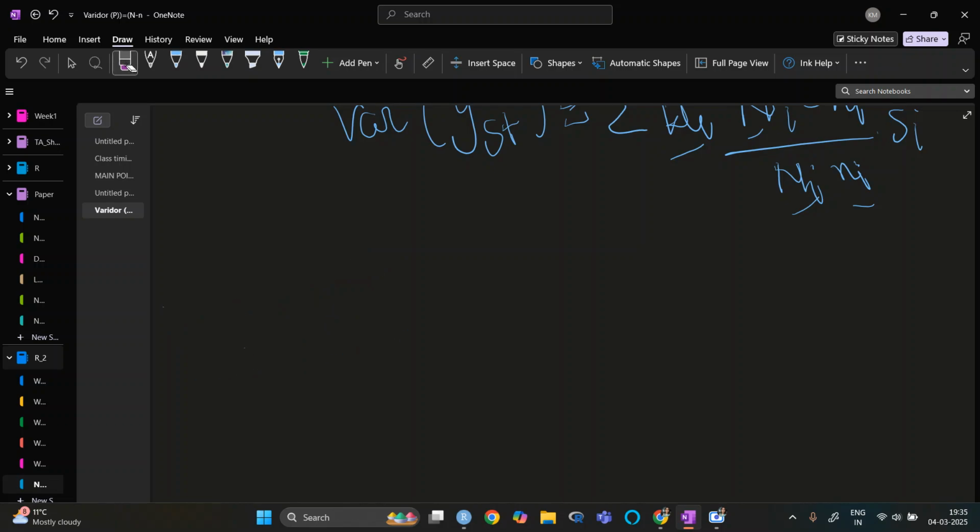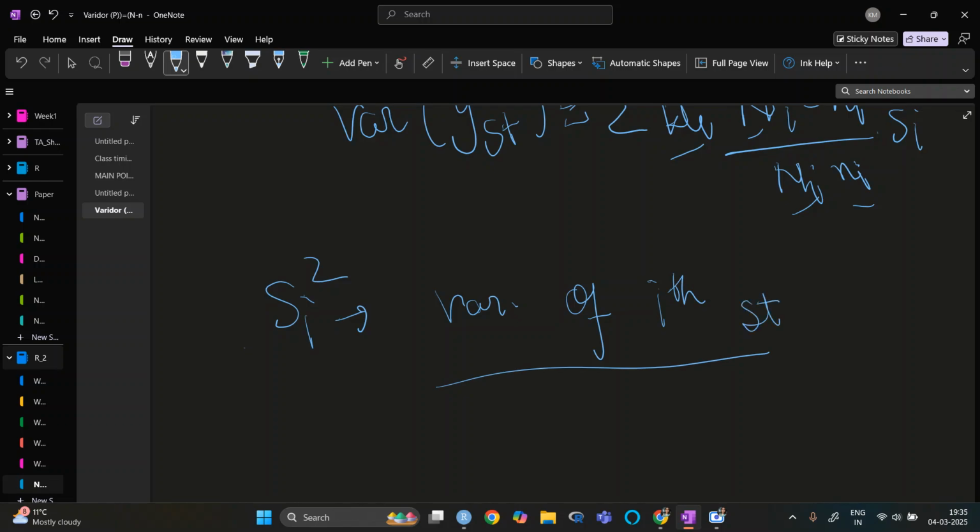Now, what is Si square? It is basically the variance of the ith one, so capital Si, the ith population, the ith strata.